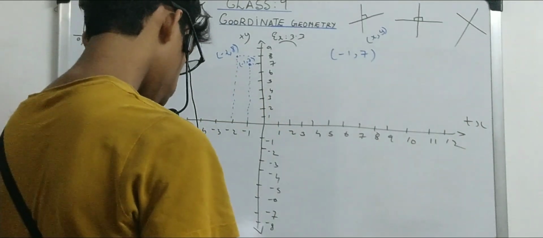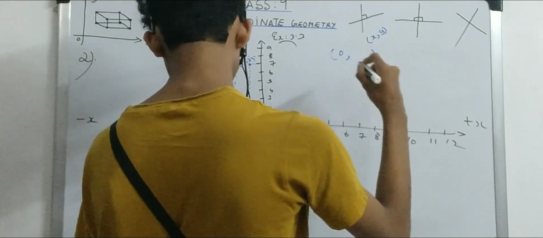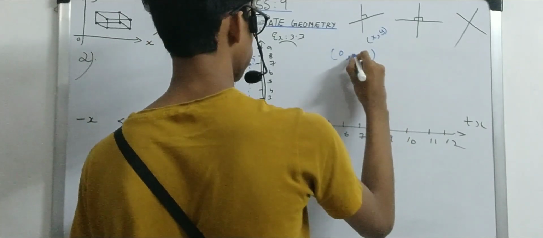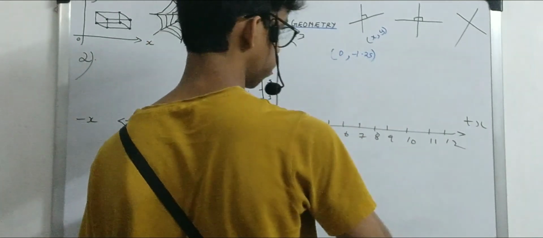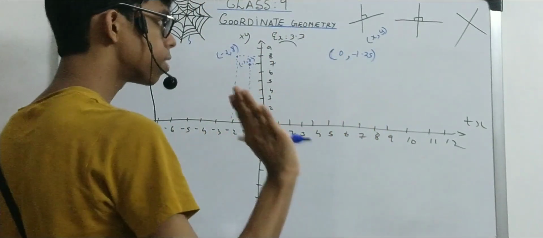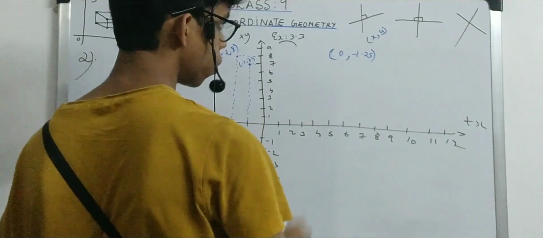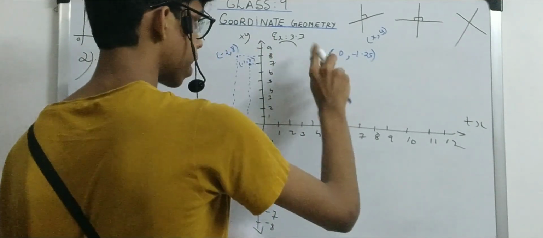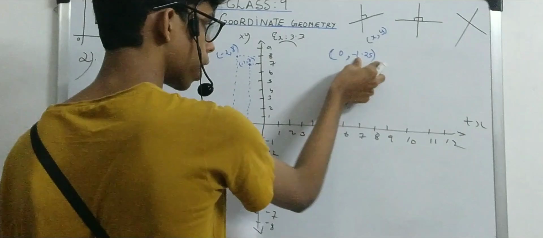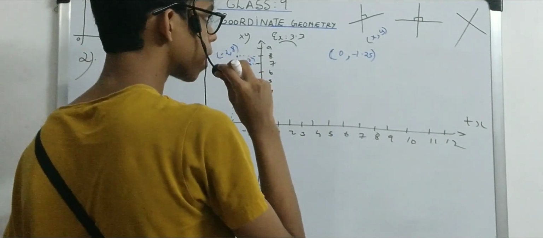Now the third point is 0 comma minus 1.25. Just see over here, the x coordinate is 0, but the y coordinate is negative. Whenever x is 0 and there is a point on the y axis, it will definitely lie on the y axis.